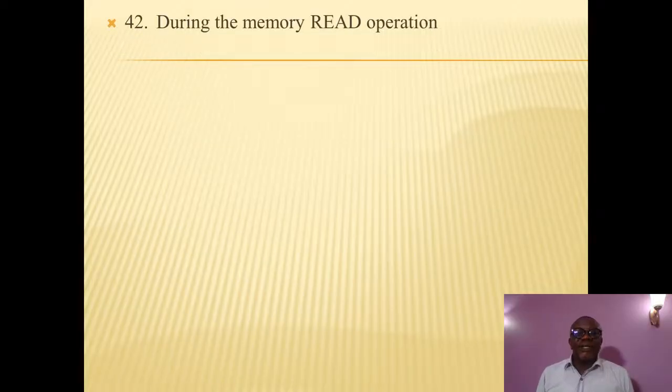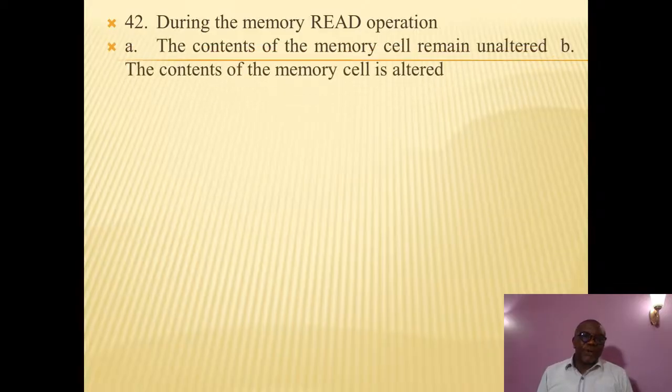Now, during the read operation, remember your CPU will either read or write. So during the read operation, what happens? A, the contents of the memory cell remain unaltered. B, the contents of the memory cell is altered.